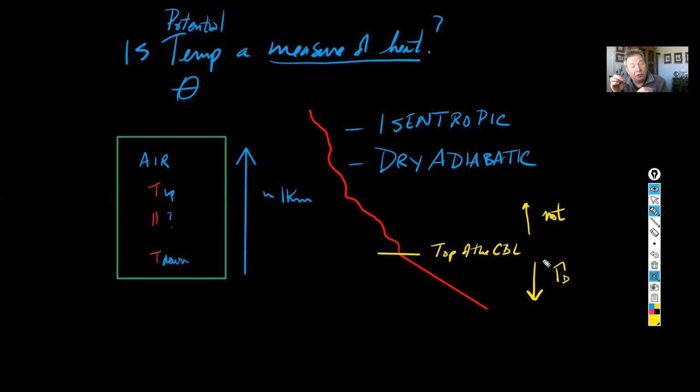We want the environment to win. That means we want the environment's lapse rate to be as big as possible. 10 degrees Celsius per kilometer is a really steep lapse rate. As a result, I can say clearly, unequivocally, that the most unstable layer of the atmosphere is the planetary boundary layer.